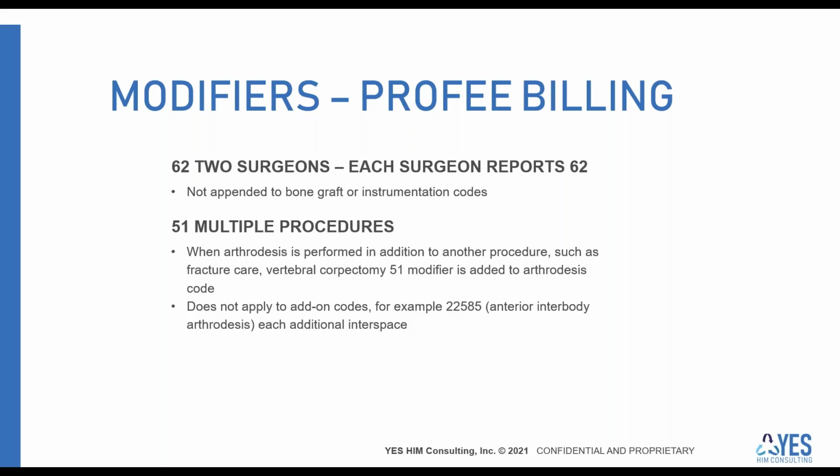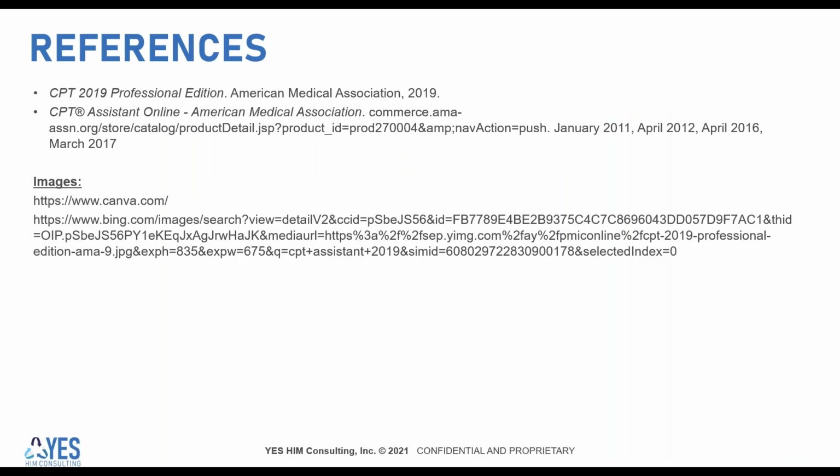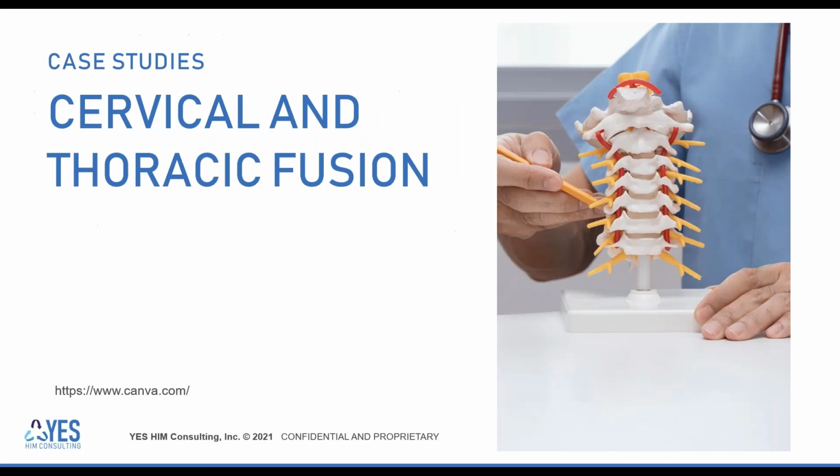When arthrodesis is performed in addition to another procedure, 51 can be added, so just keep that in mind. And also just keep in mind that per definition of the multiple procedure modifier, modifier 51 does not apply to add-on codes. So just a little bit about modifiers in that section.